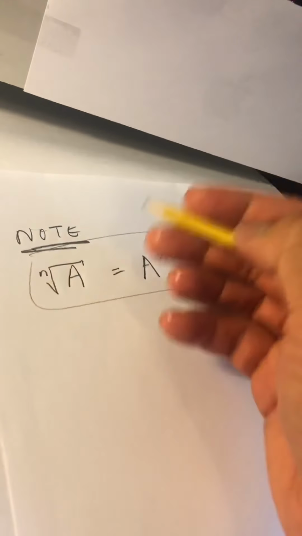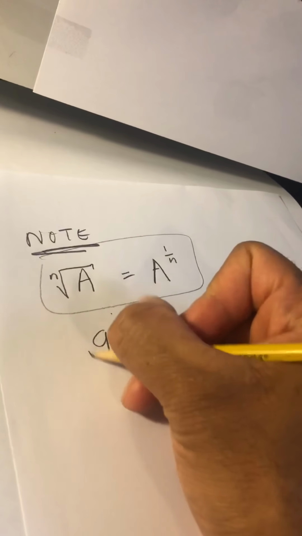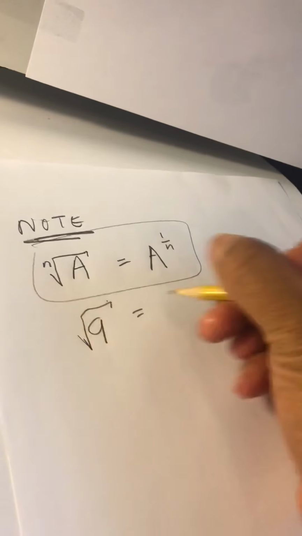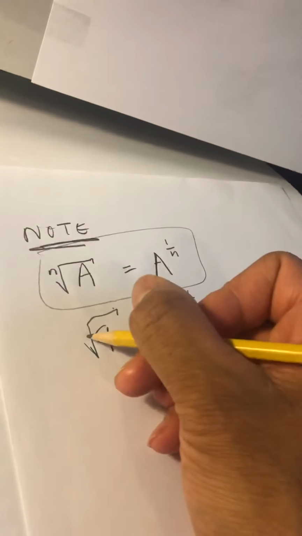So for example, the square root of 9. You can confirm this in your calculator. The square root of 9 is going to be 9 to the 1/2.